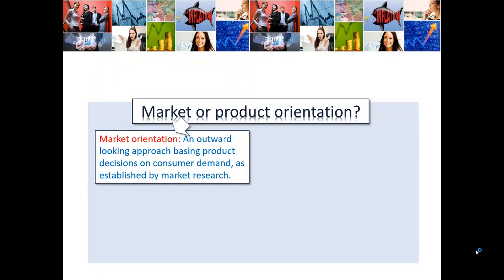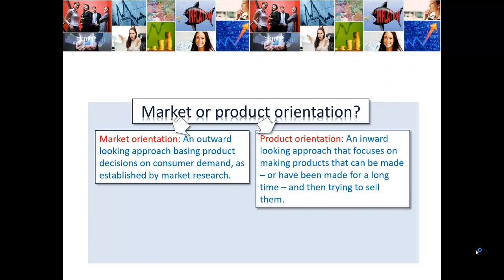Market or product orientation. A market orientation, we say, is an outward-looking approach, basing product design decisions on the demands of consumers, and doing this by taking detailed market research. Product orientation, we say, is an inward-looking approach, and that focuses on making products that can be made.